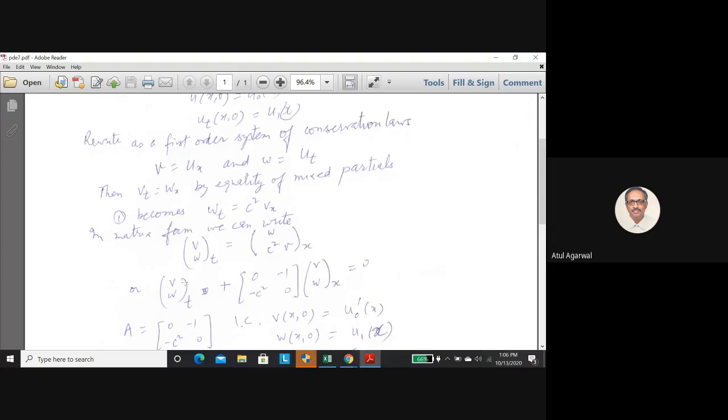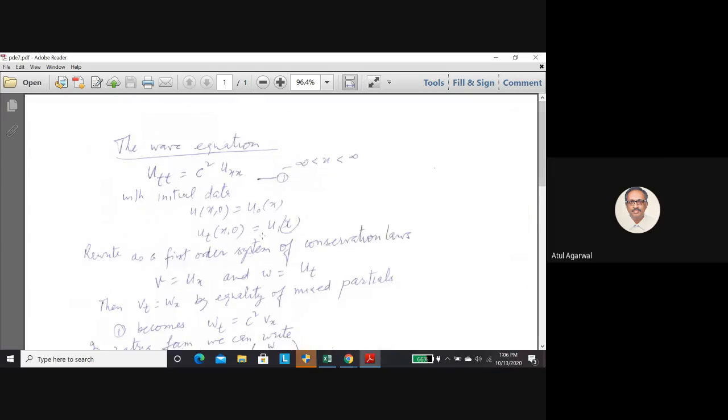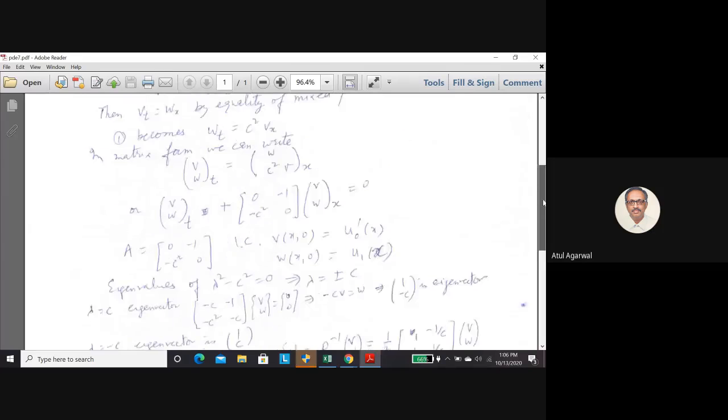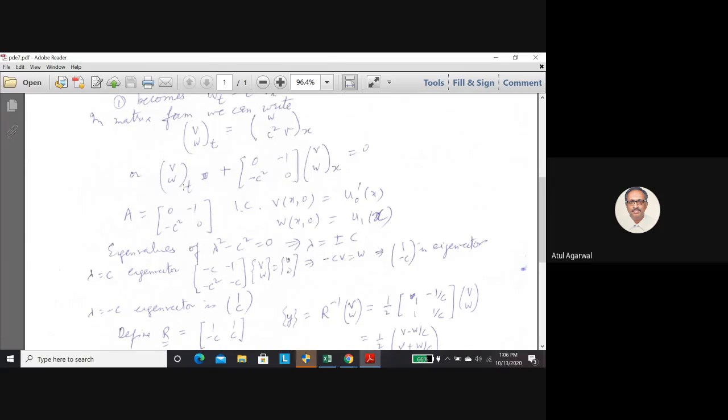So you write vw here, and you can write this term as this. So this becomes your A matrix now. You see, this is the A matrix we saw in the last slide. So this is your u variable plus A, u with derivative with x. So we have got the same form. So this matrix A is given as this.